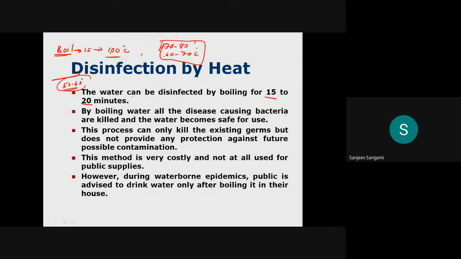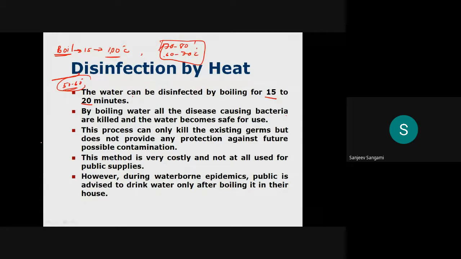Most of the pathogens we are talking about are thermophilic pathogens. Thermophilic pathogens resist temperatures even of 50 to 60 degrees centigrade. They will survive, all the pathogens will survive even up to 70 degrees centigrade.